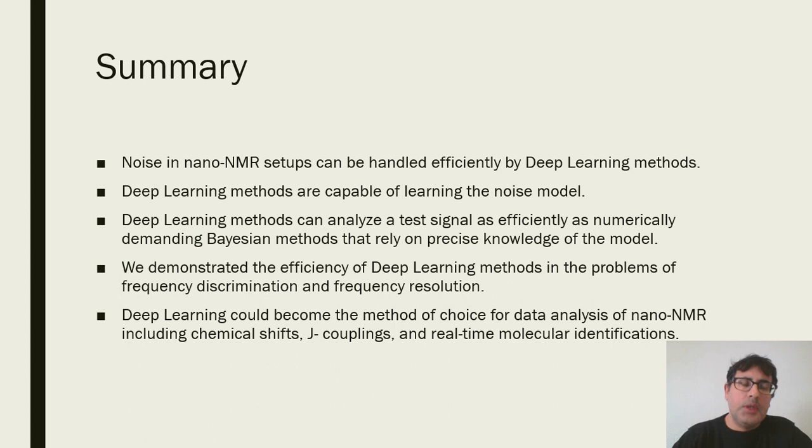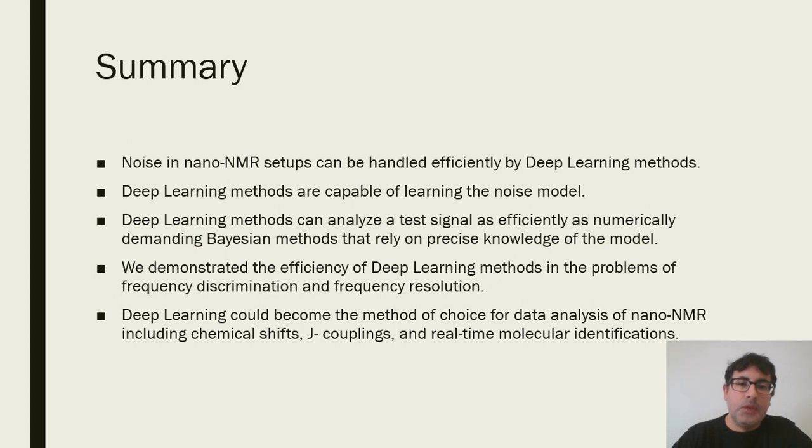To summarize, in this work we wanted to show preliminary results that deep learning methods could be useful for data processing of nano-NMR setups by the fact that deep learning neural networks could learn the noise model efficiently.